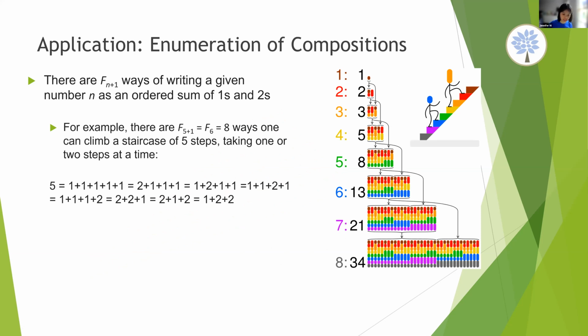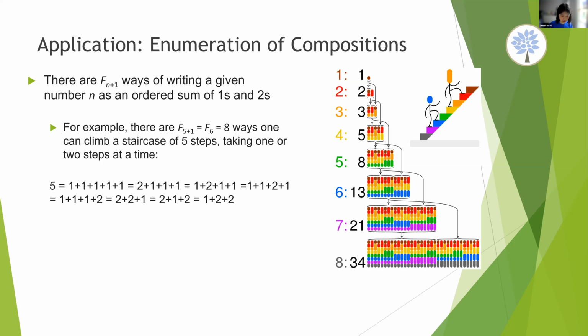A problem that can be solved with Fibonacci's recursion is enumerating compositions, which is counting the ways to divide a number into ordered groups of ones and twos. We can map this out with the number of ways for a person to climb a staircase with n steps, taking either one or two steps each time.